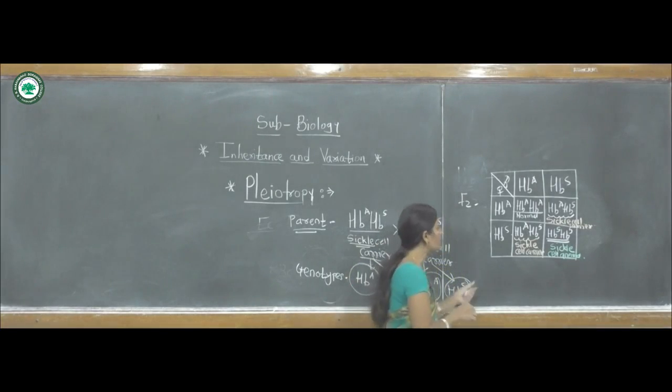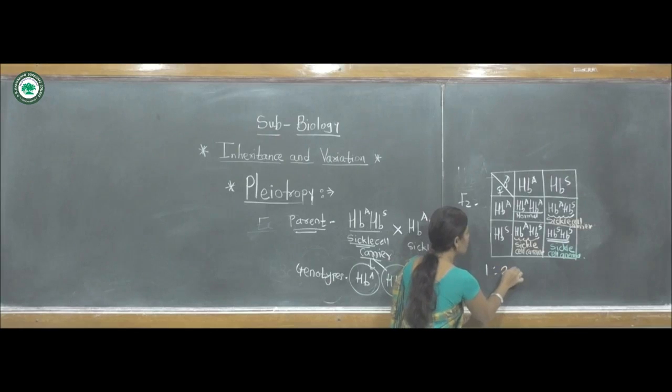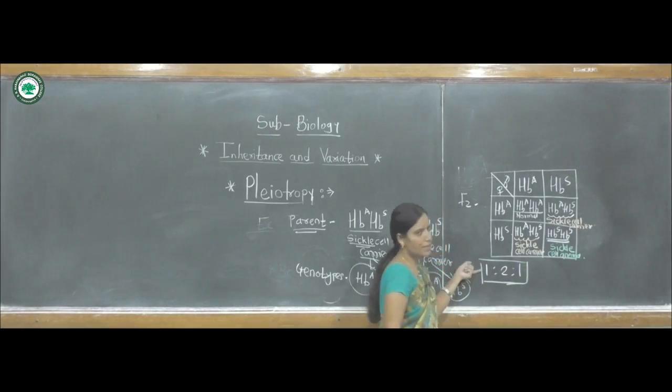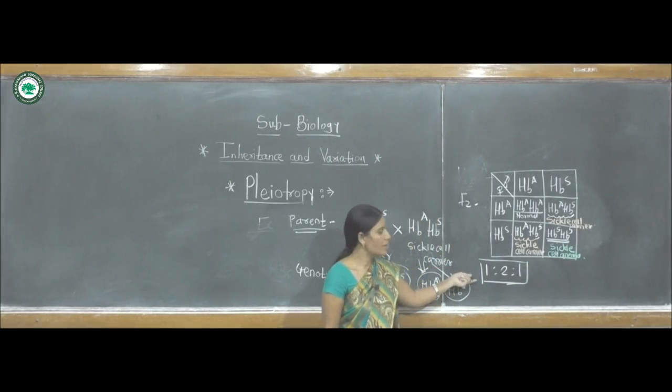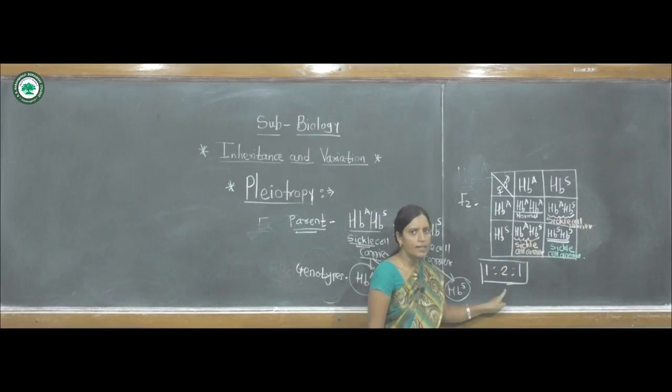That's why the ratio obtained is 1:2:1. This ratio is obtained in sickle cell anemia disease: one is normal, two are sickle cell carriers, and one is diseased.